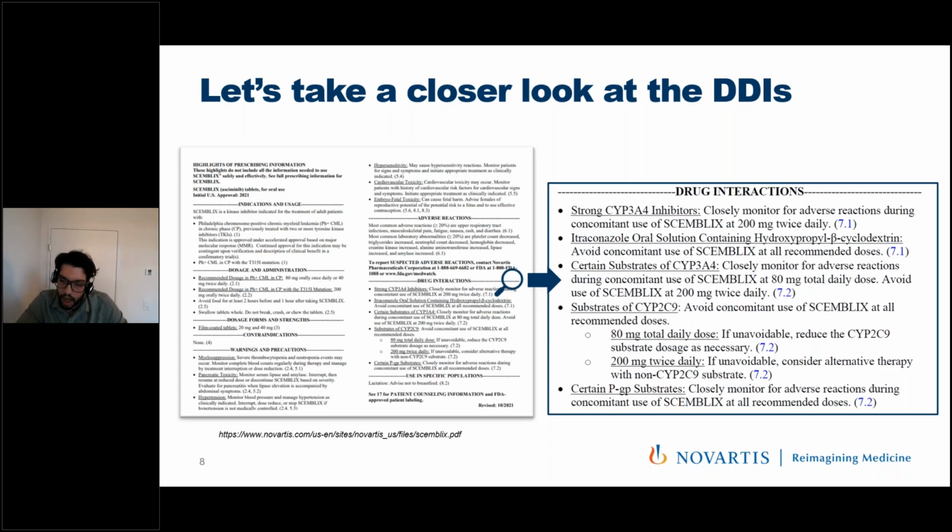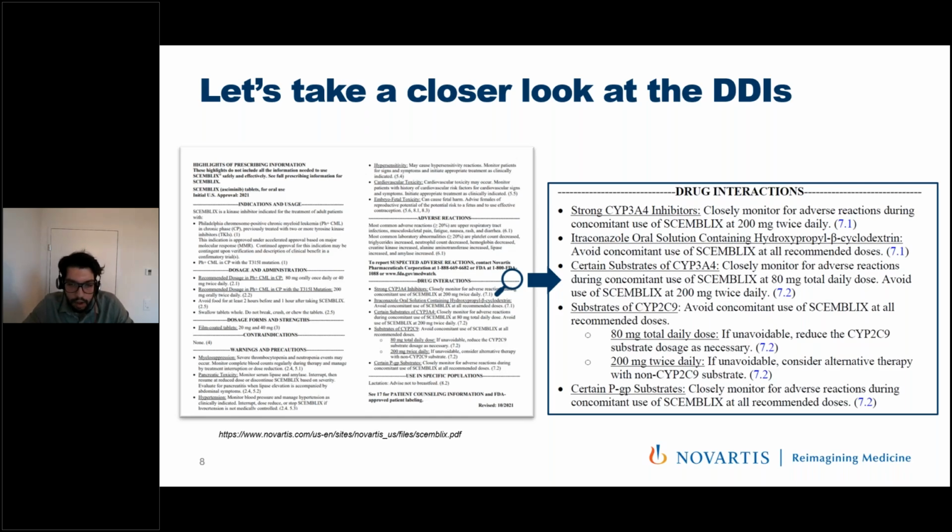The labeling language here was significantly affected by PBPK simulations, since we didn't have any clinical pharmacology studies at the higher dose of 80 milligram and 200 milligram QD. And on the right part of the slide, you can see the specific labeling language for strong CYP3A4 inhibitors, for example, or other CYP substrates, as well as for PGP substrates.